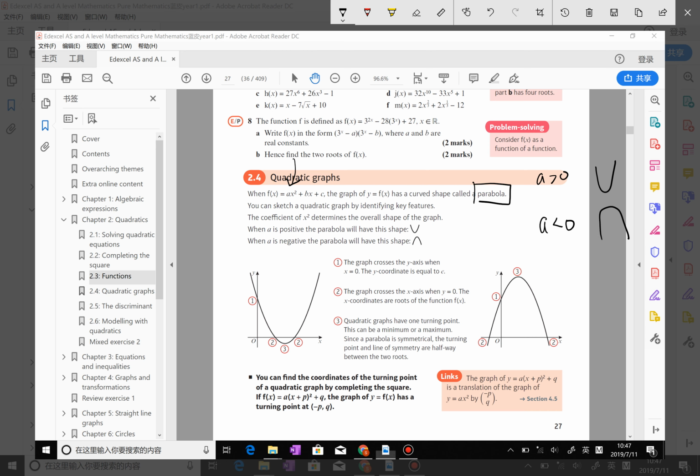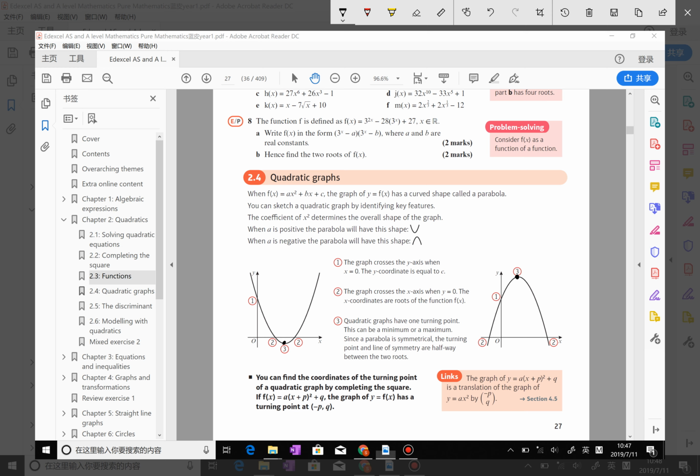All right. So for the curve, we need to know some critical points. Like this shape, this point is the minimum value for the function, and like this shape, this one is going to be the maximum point.